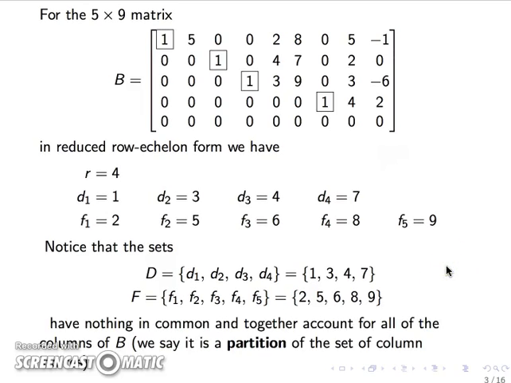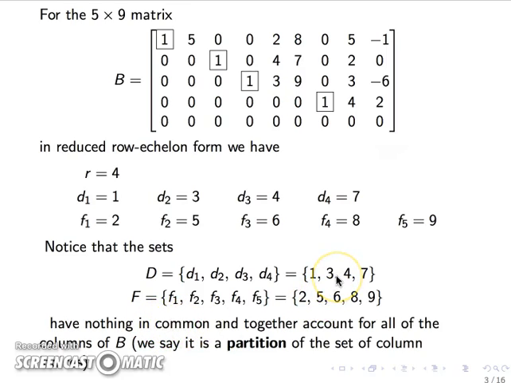One important thing to notice is that these sets of indices are considered a partition of the indices of the matrix. And this partition is mutually exclusive. That means there is no intersection. They have nothing in common.